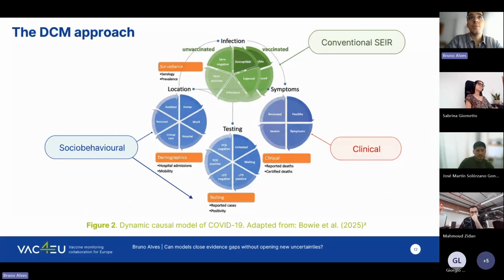So you have the susceptible, the exposed, the infectious, and the recovered states here. And it's very similar. But the new thing regarding the use of this approach is that we have three additional factors. Two factors regarding social behavioral data and one factor regarding clinical data.